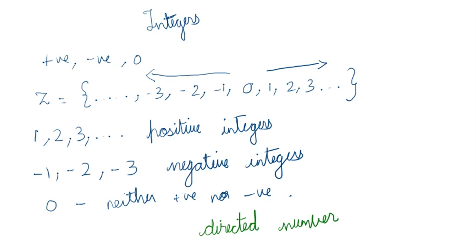Okay, so now we will see a few other facts about integers. For every positive integer, suppose a number a, let us consider a number a. For every positive integer plus a, there exists an opposite number. Okay, so opposite of plus is minus, right?